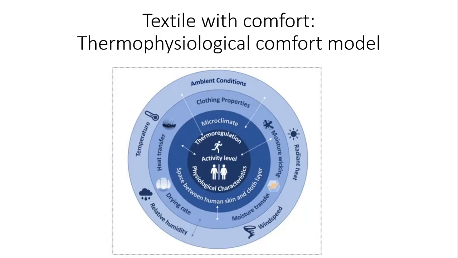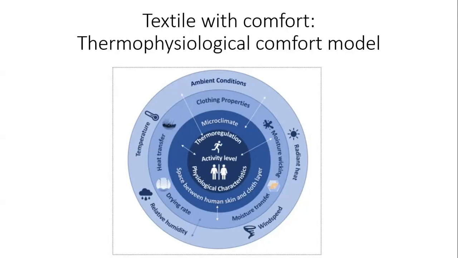Even the thermal regulation inside your body, we cannot control it because it is a natural mechanism. So what we can do is engineer, tailor-make the clothing properties in order to best match the ambient condition and the physiological characteristics of a human body, so then it will give more comfortability. So this model is very, very important.